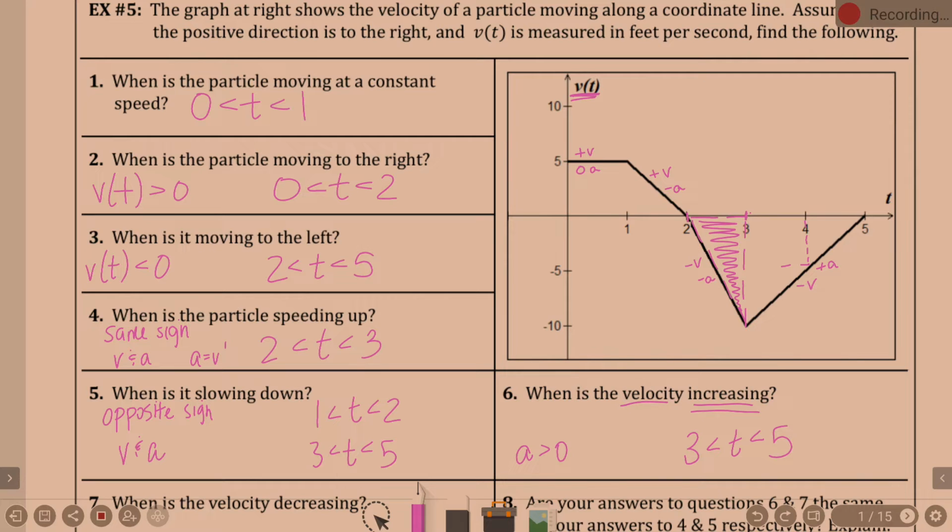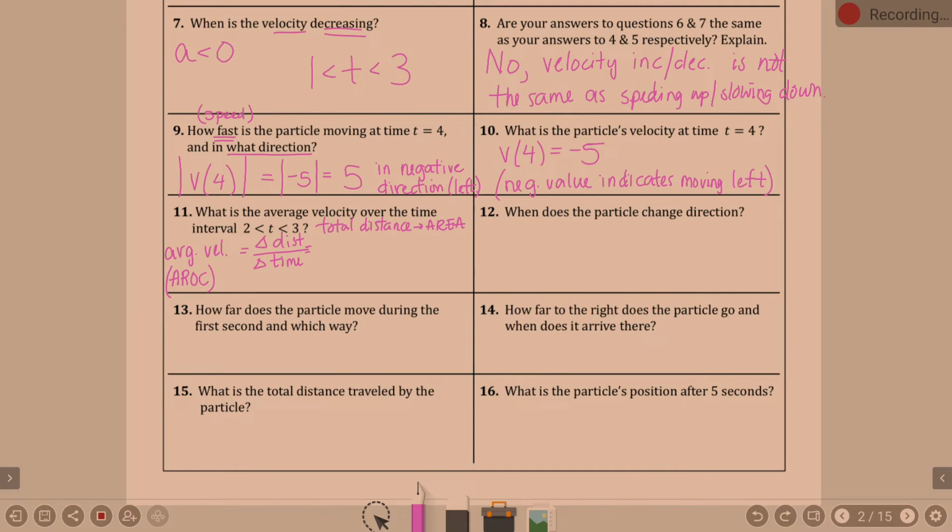What's my base? 1. What's my height? Negative 10. It is negative 10. So when we talk about this total distance traveled, it's 1/2 times the 1 times the negative 10.